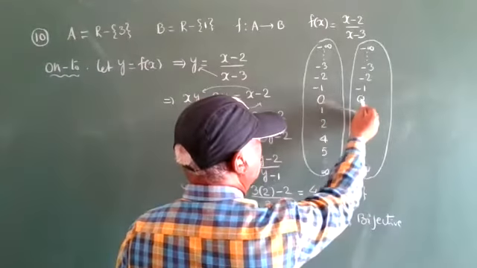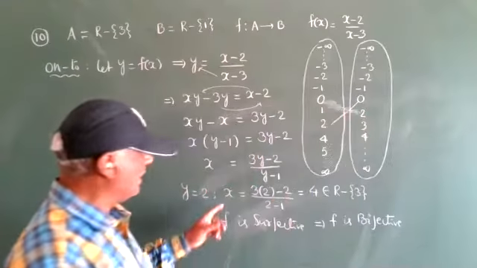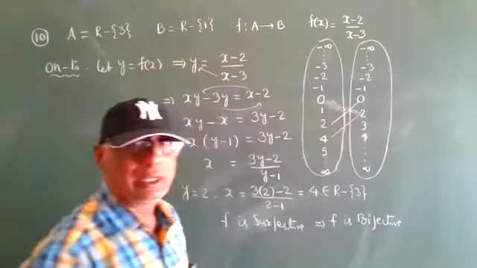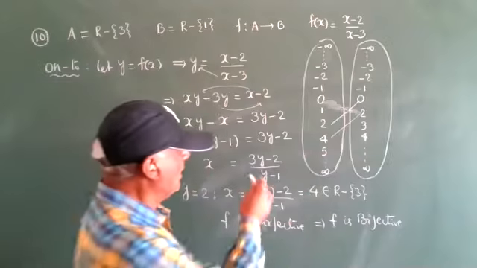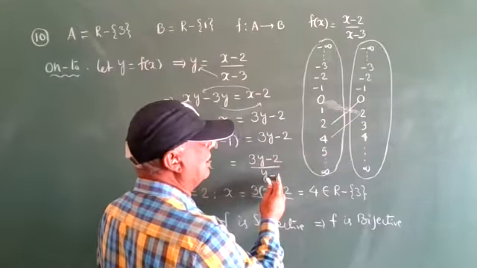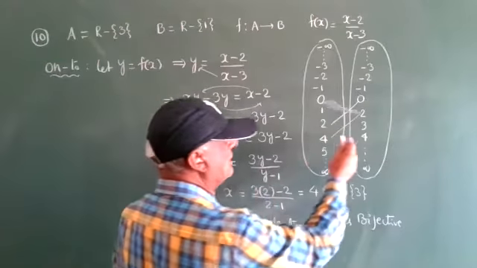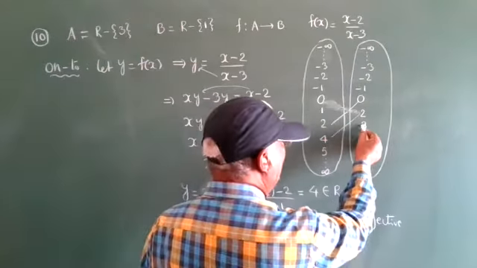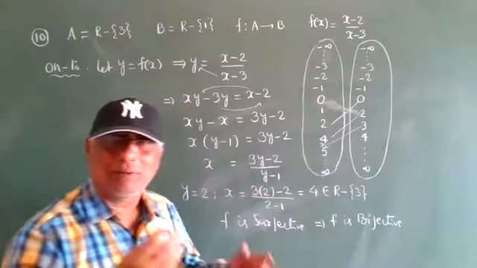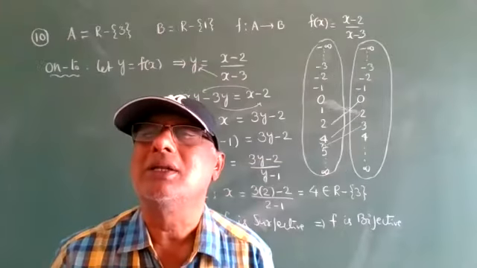Substitute y value 0, automatically 2 is obtained. Substitute 2, we get 4. Substitute 3: 9 minus 2 by 2 minus 1, so 9 minus 7 by 2. 7 by 2 is one of the values in between, one of the fractions. All values you can get, negative also we can get. But 1 is not there.